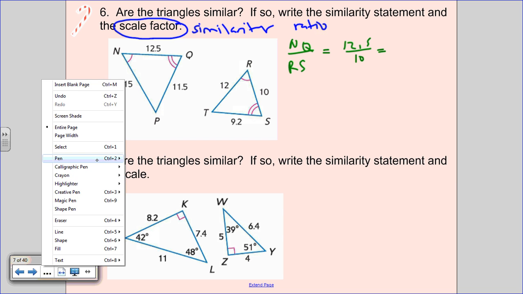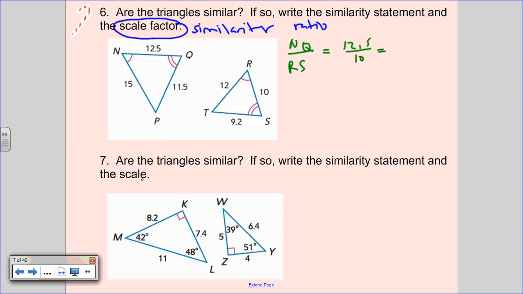Now let's look at QP. Oops, QP to ST, which would be 11.5 to 9.2. And see what that will reduce to. I'm going to need my calculator, of course.